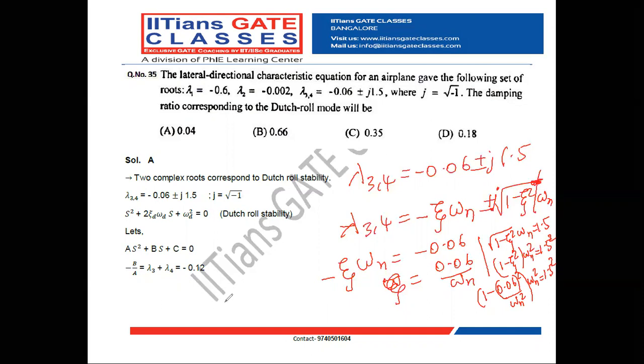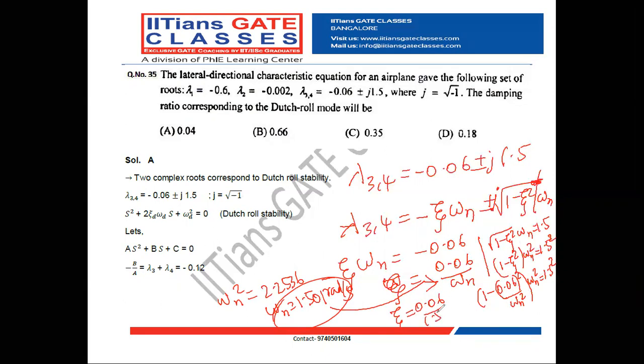When I simplify this, I get omega n square equal to 2.2536. So the natural frequency, not the damped natural frequency, is equal to 1.501 radian per second. Substitute 1.501 for omega n, we'll get zeta equal to 0.06 divided by 1.501.